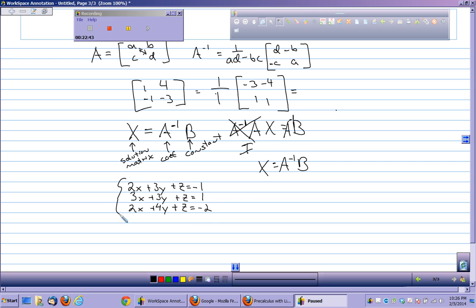The way you solve that with matrices is you rewrite this as a constant matrix, okay? Coefficient matrix 2, 3, 1, 3, 3, 1, 2, 4, 1 times x, y, z.